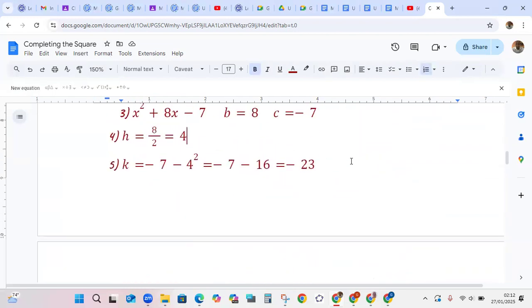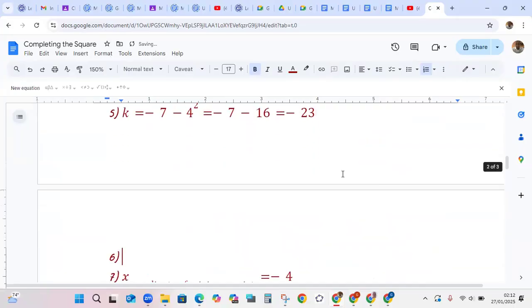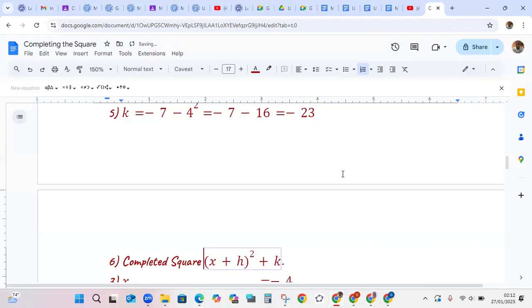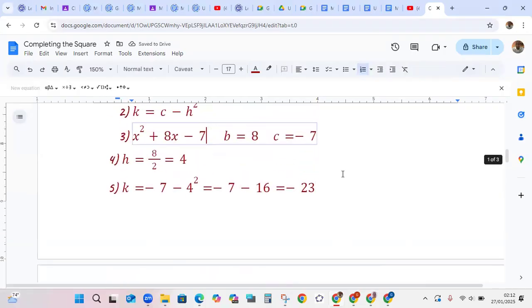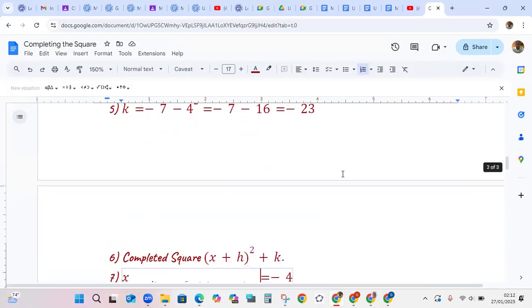Once you have identified h and k, write them in the completed square form. a is 1. You don't have to put the 1. h, we said, is 4. k is negative 23.